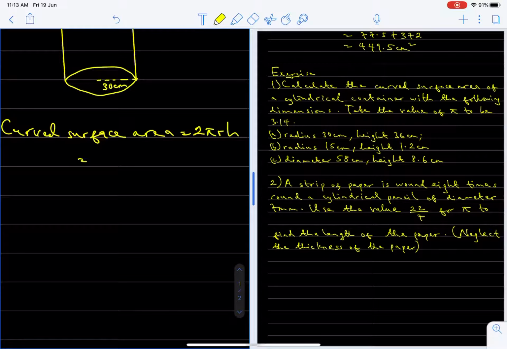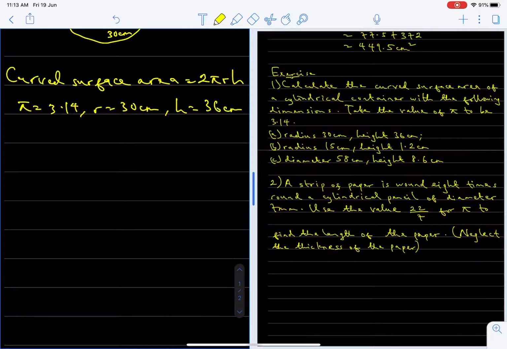And that means here we know pi is equal to 3.14. Radius is 30 centimeters and height is 36 centimeters.